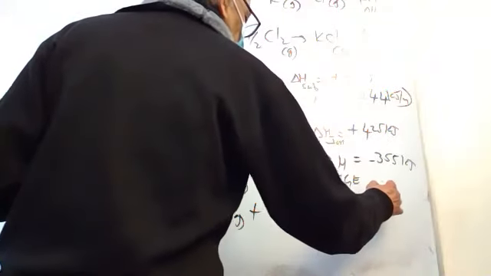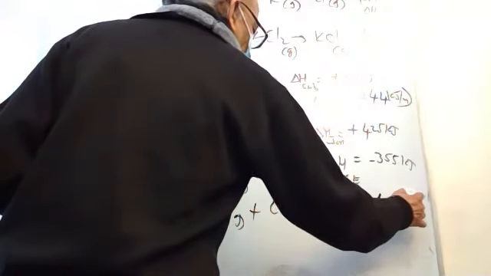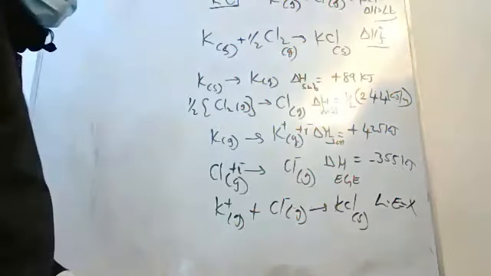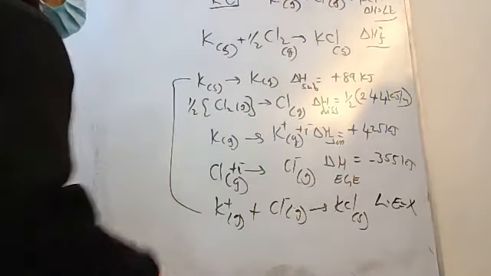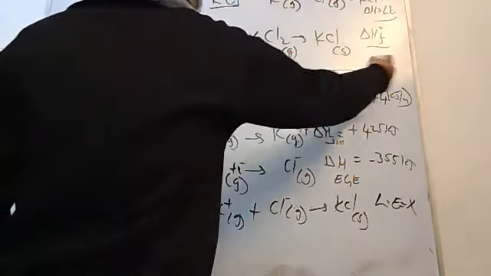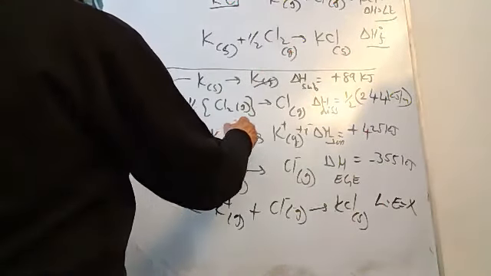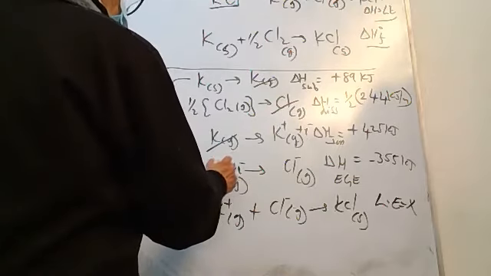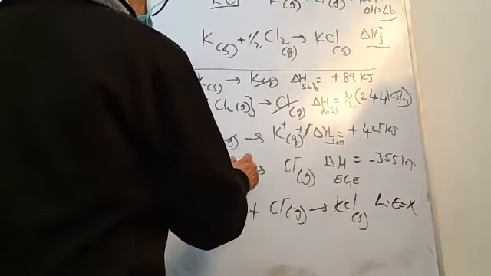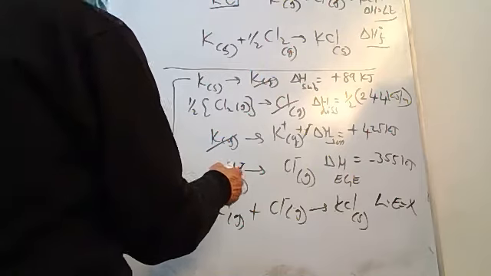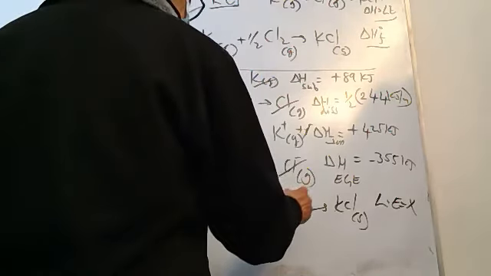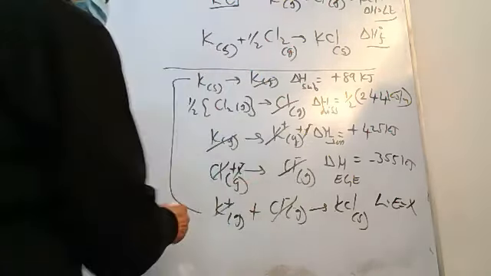That is your lattice energy. This is the unknown here. The beauty of it is, if you add all these equations, potassium gas cancels out, Cl gas cancels out, the electron cancels out, Cl minus cancels out, and the potassium ion cancels out.